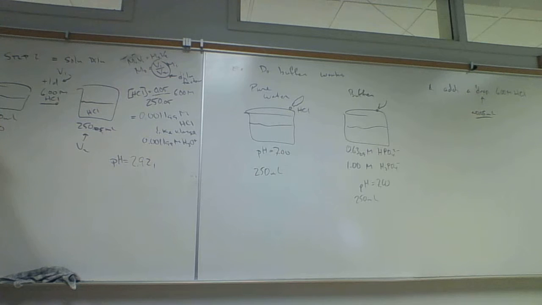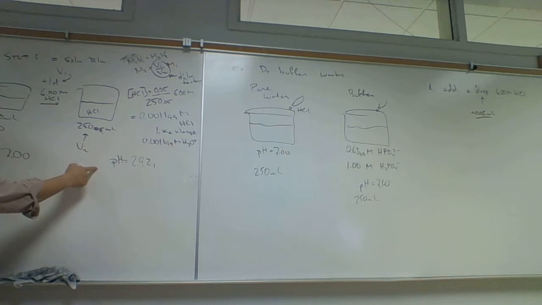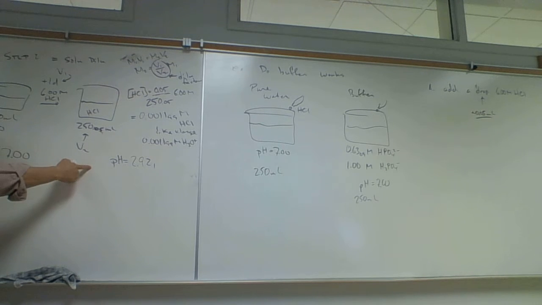Power functions are powers of 10. If we go from 7.00, this is about 4 orders of magnitude. The water just became 10,000 times more acidic.